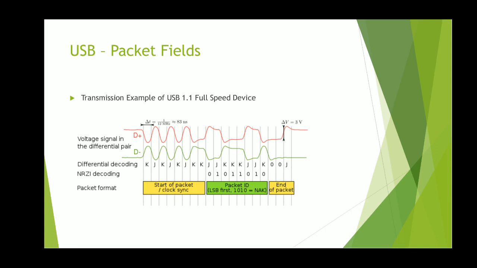Here we can see that if the D plus is low voltage and D minus is high voltage, it can be represented as a K state. And similarly, if the D plus is high voltage and D minus is low voltage, this state can be represented as J state.